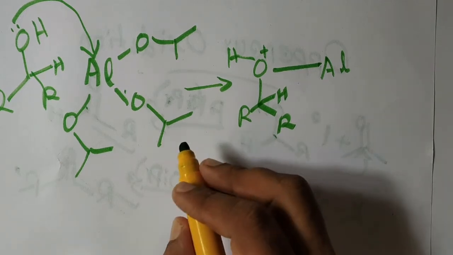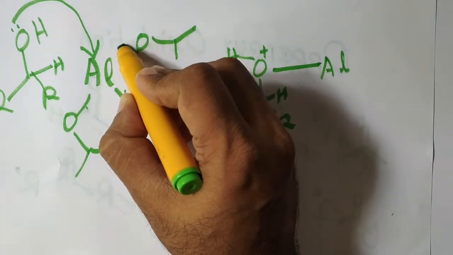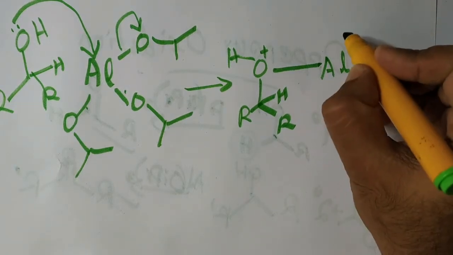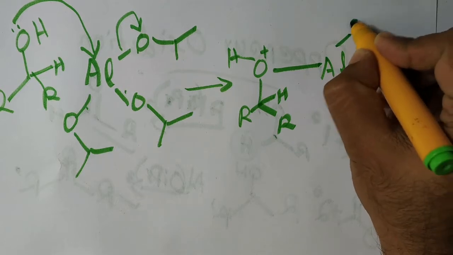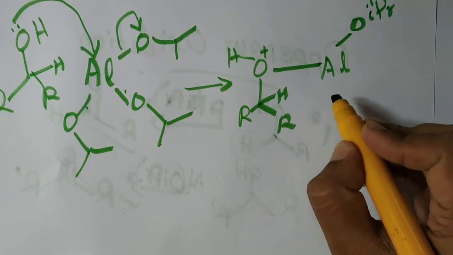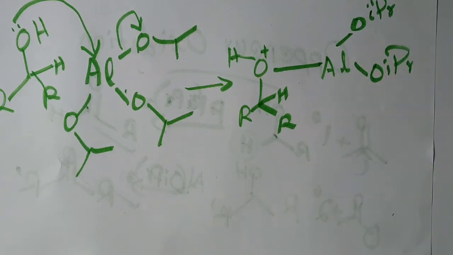And what happens to this aluminum isopropoxide? As a new bond is forming here, an old bond can break. So this will break and the isopropoxide group will leave. So we will have aluminum OiPr, let me write as isopropyl like this to save space.